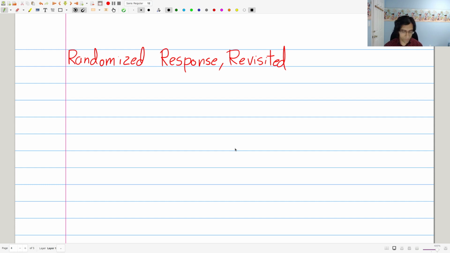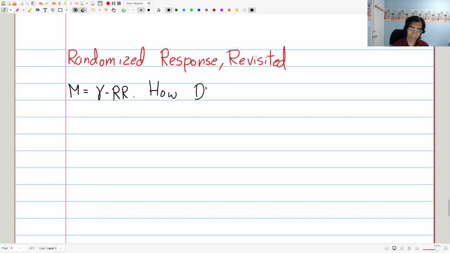So let's revisit randomized response and show that we have the differential privacy guarantee when our algorithm M is randomized response. So let's say M equals gamma randomized response. How DP is M? Remember, it's a property of the algorithm.